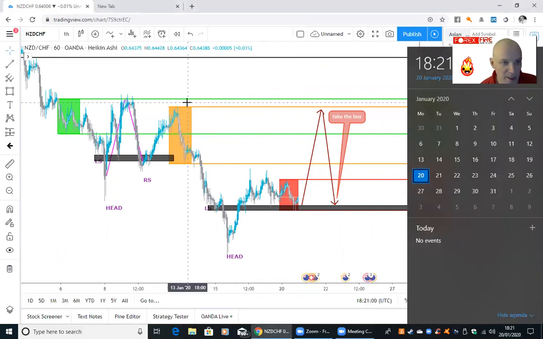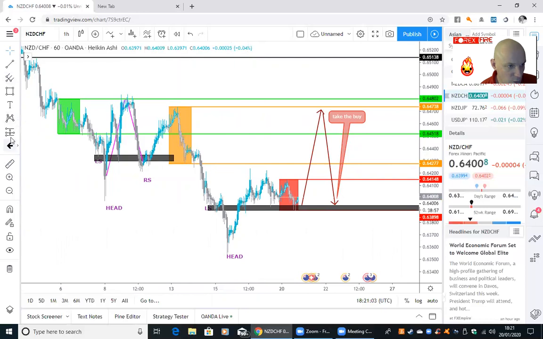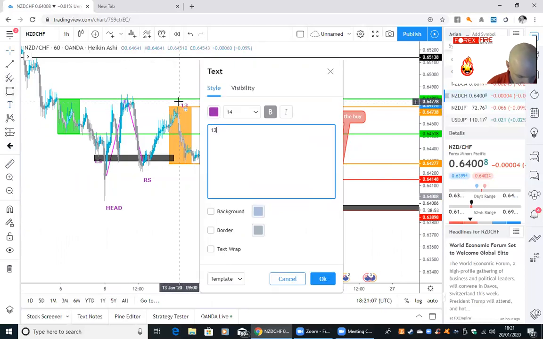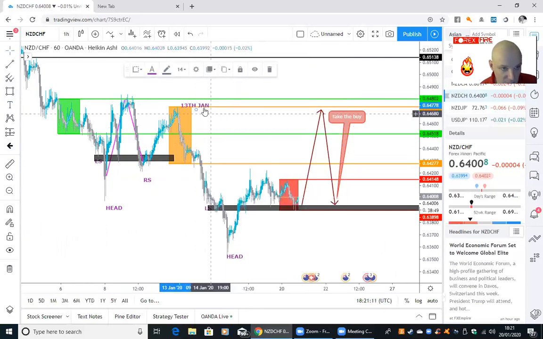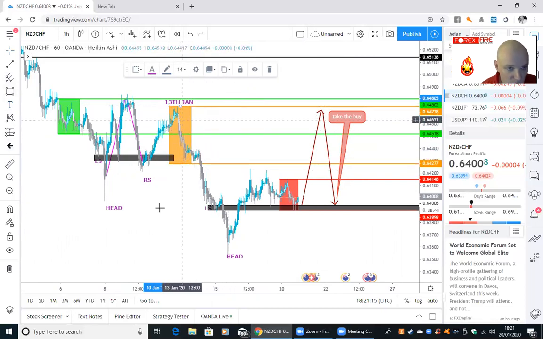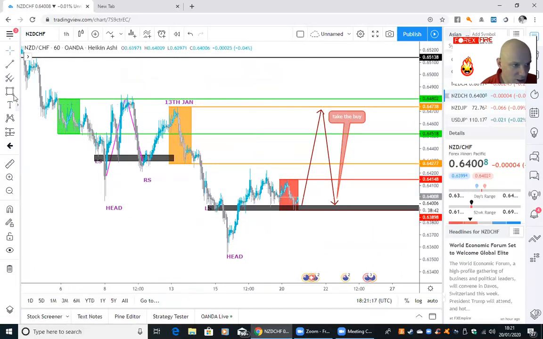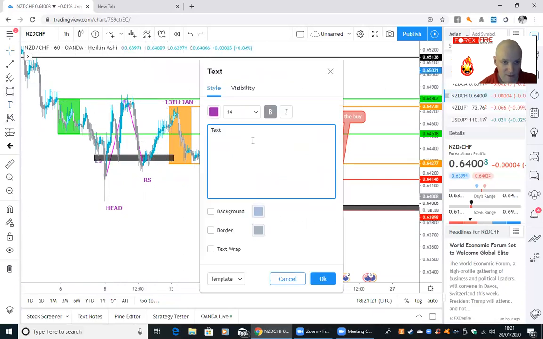So this would be the week starting 13th of Jan. That was Monday's candles there, okay? 13th of Jan, okay? So again, the rules are, let's just get these typed into here.